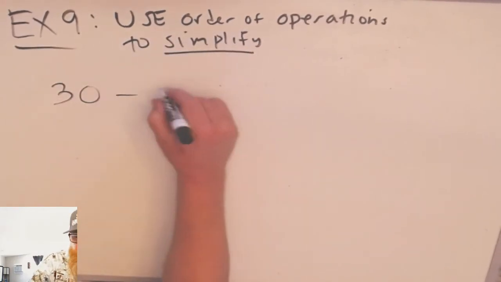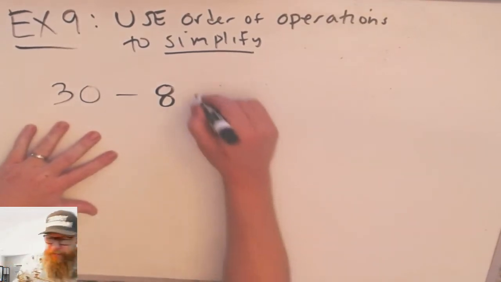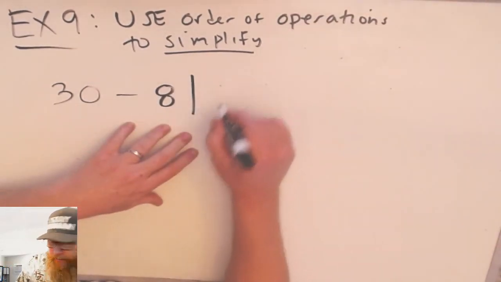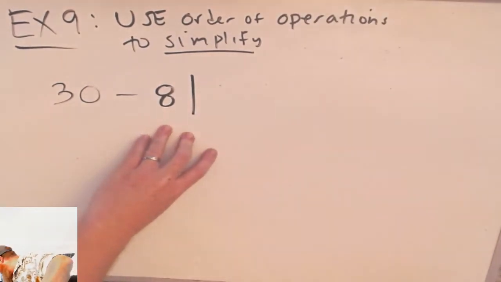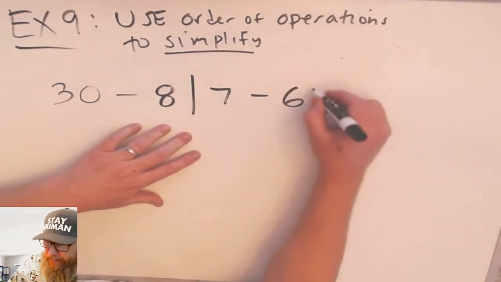30 minus 8 times the absolute value of 7 minus 6 squared.